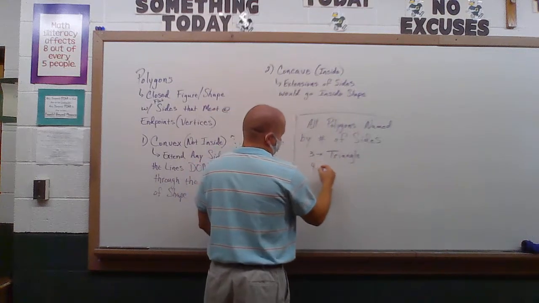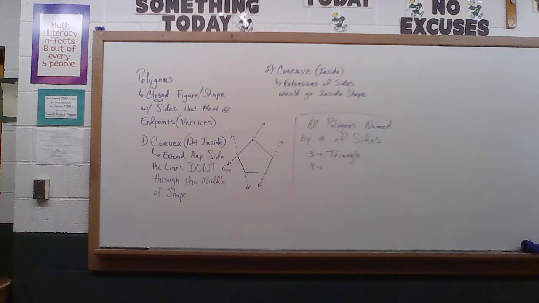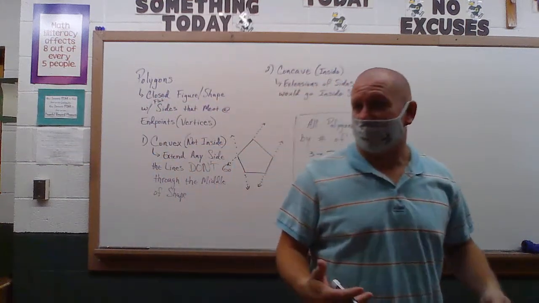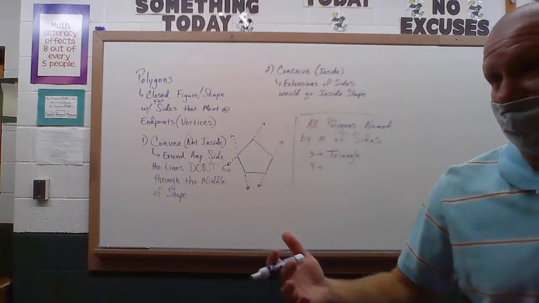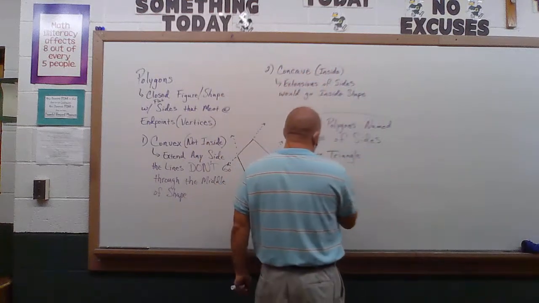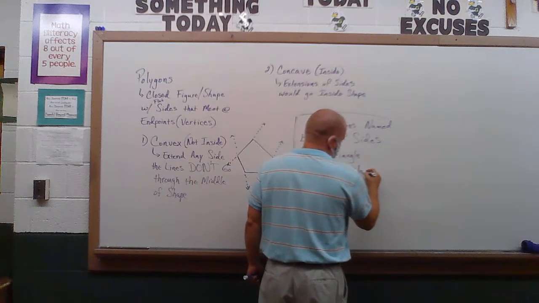How about a 4-sided? Now this is where we're going to start getting more technical. A lot of people say it's just a square. But a 4-sided figure is not a square. A 4-sided figure is a what? Don't say a rectangle, that's not being specific enough. There you go. 4 means quad. So we have a quadrilateral.